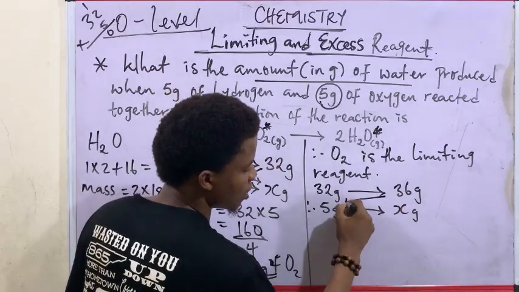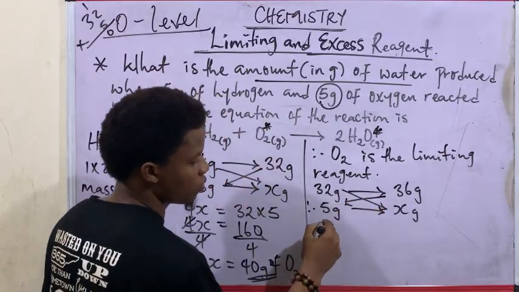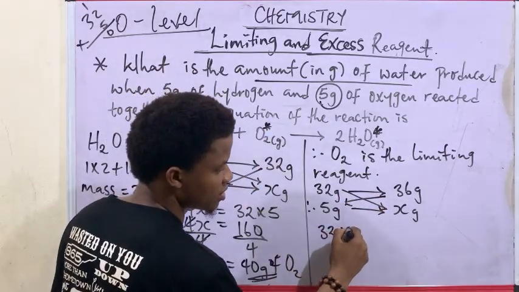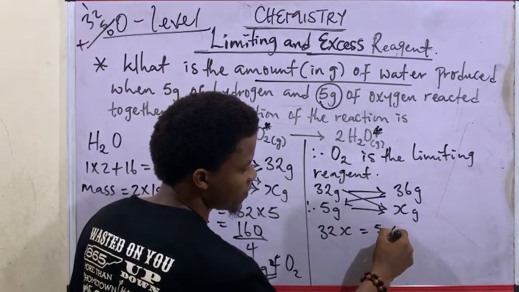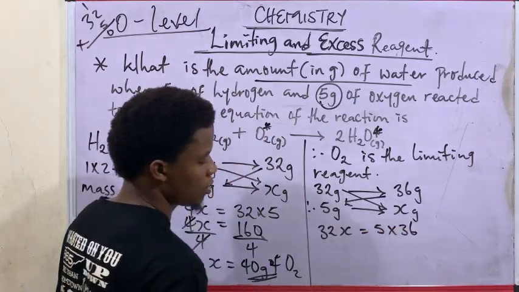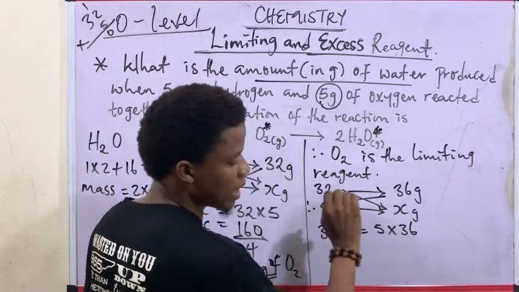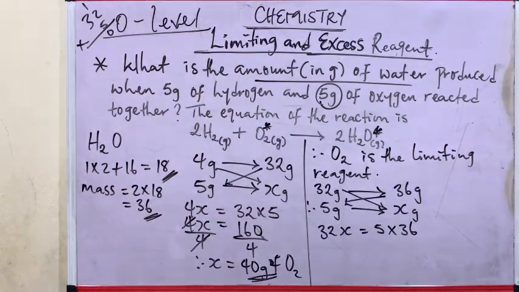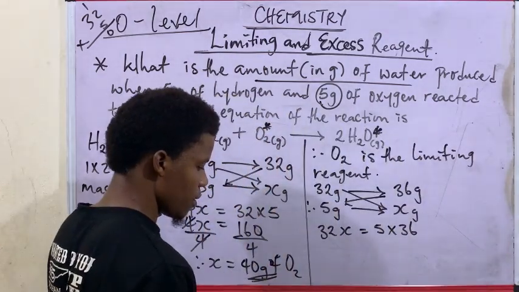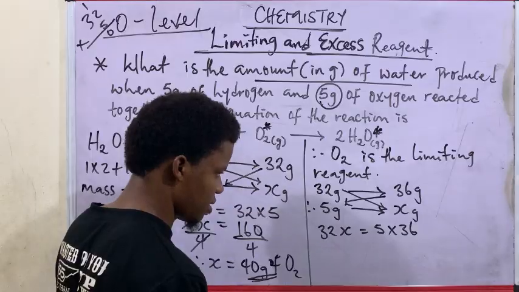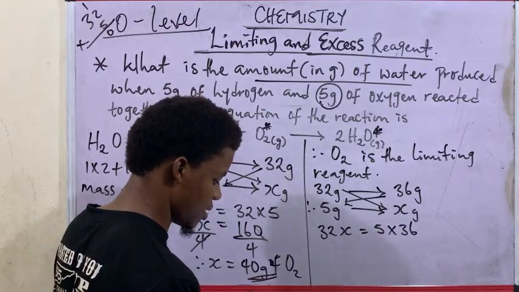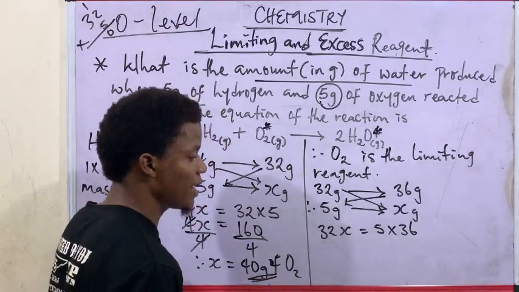Therefore, 5 gram of oxygen in the question will produce how many gram of water? So we are going to cross multiply. So we therefore now have 32x equals 5 times 36. So 5 times 36 is going to give us 180.